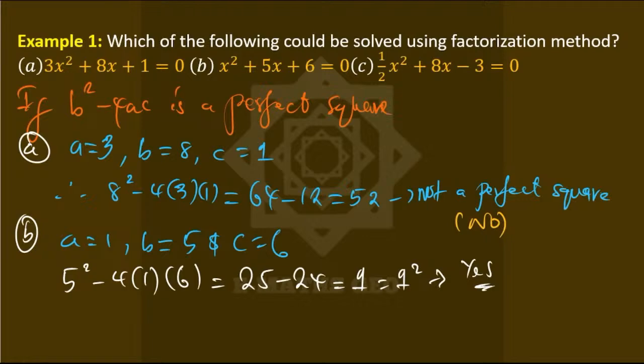Why the last one? Let's see if it's possible. So A is half, B is 8, and C is minus 3. So let's test. B squared is 8 squared.